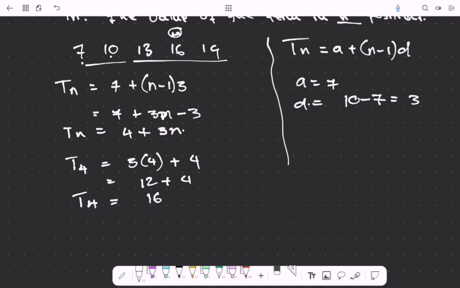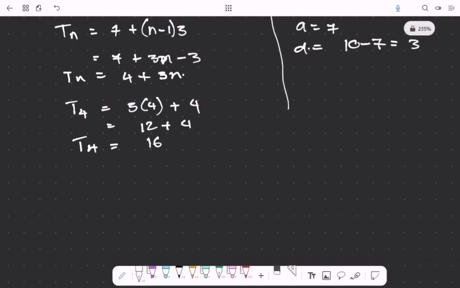Our T4 is equal to 16, which is exactly what we are given here. Term number 4 in the sequence is equal to 16. This is what we have, and this is what we just found using this equation. So this means we did not make any mistakes. We got the correct equation.